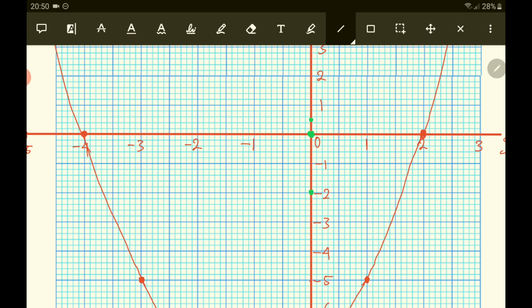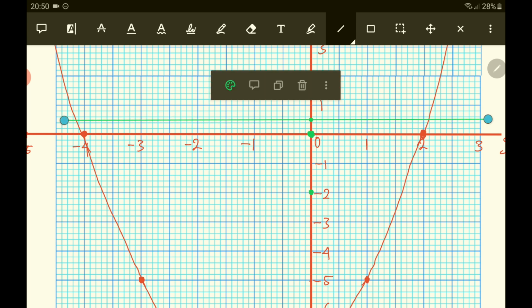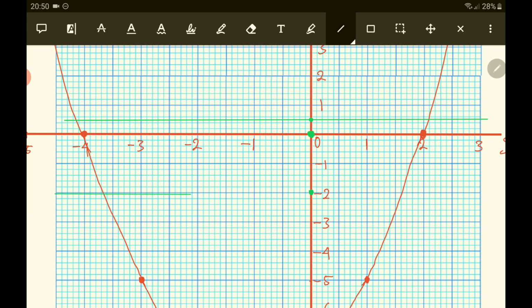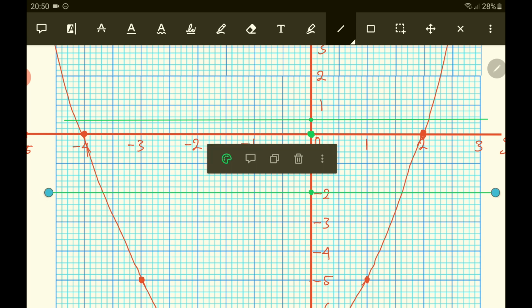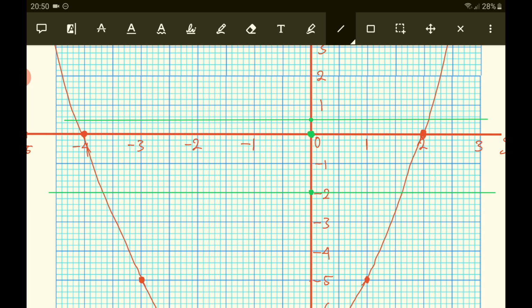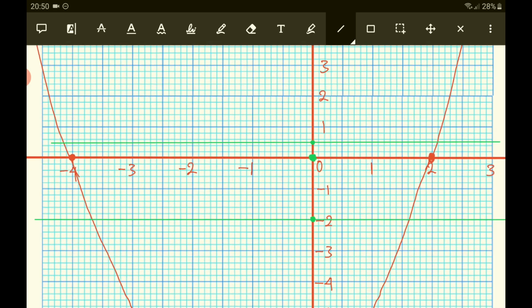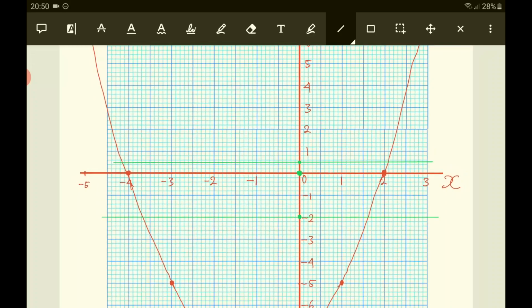So now when y equal to a half, I get this line, and then when y equal to minus 2, this is when y equal to minus 2. All right, and then when y equal to 0, no problem, I think it's just the x-axis, that's easy.